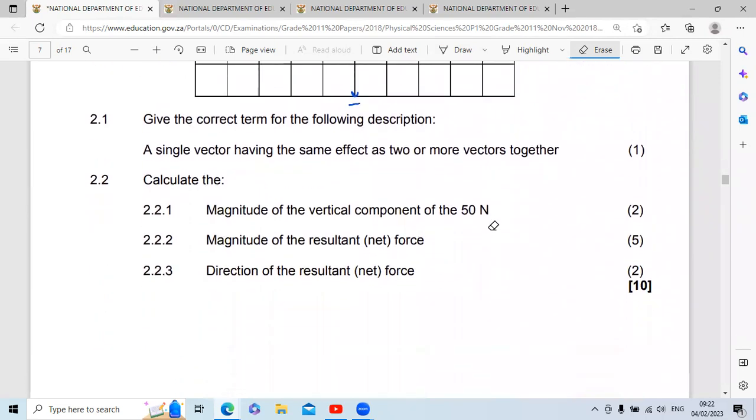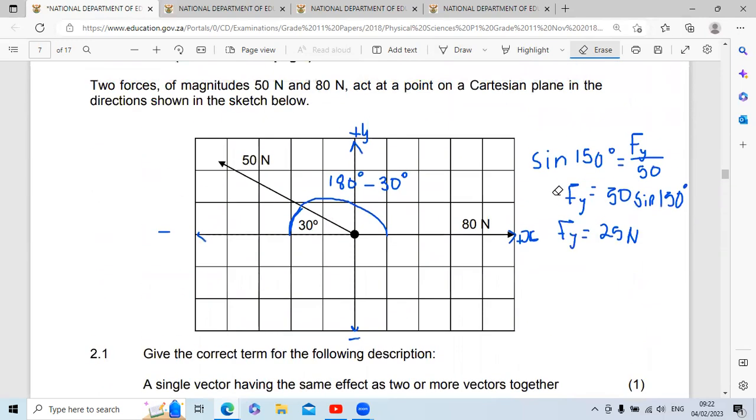So we're gonna go to the next one where they want the magnitude of the resultant force. In order to find the magnitude of the resultant force, we're gonna have to find our total resultant force on the vertical and our resultant force on the horizontal.